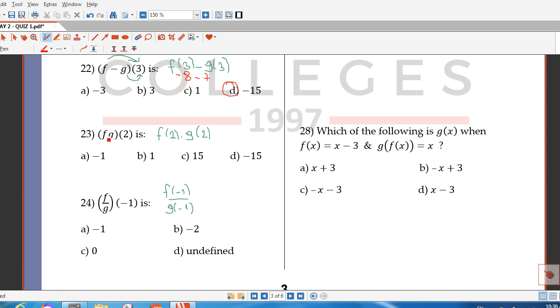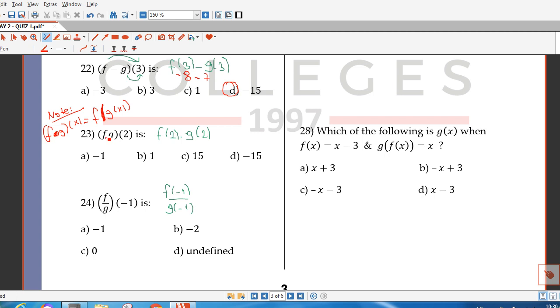Question 23, fg of 2. You may confuse with the composition. Be careful. Let me write a note. If it is composition, it is the notation f of g of x, or f of g of x. What I mean, if we are talking about composition function, there will be something between f and g.